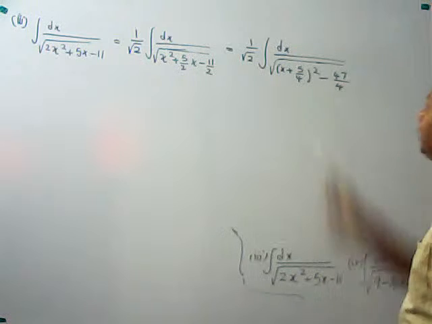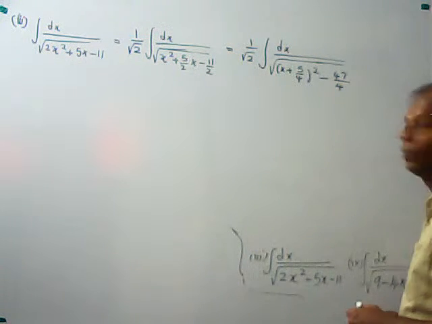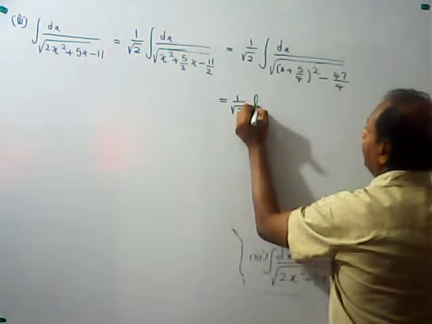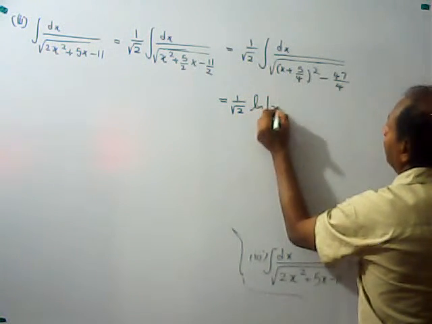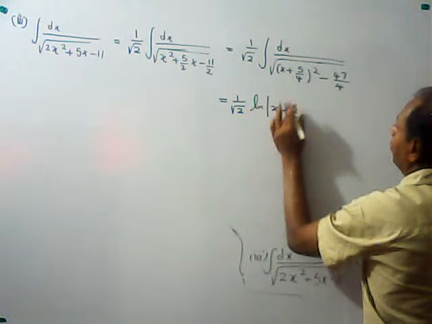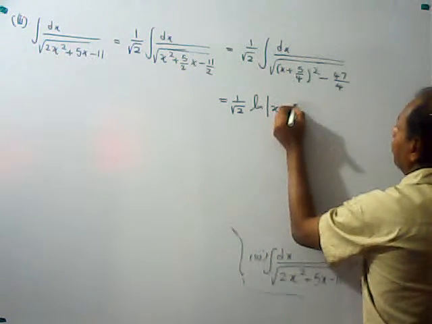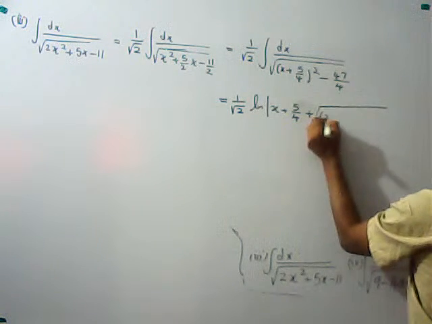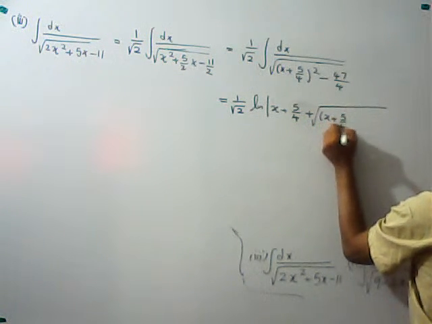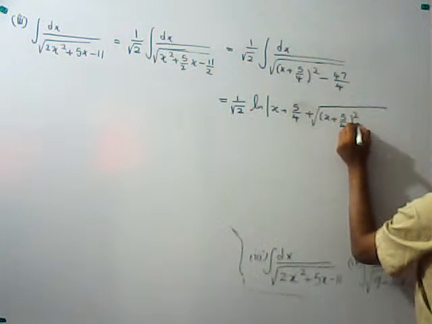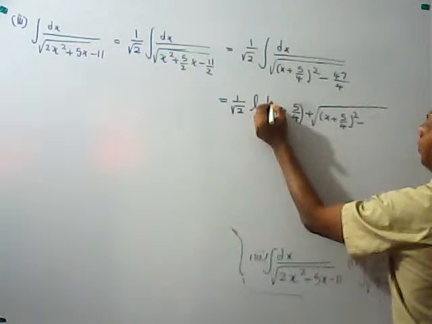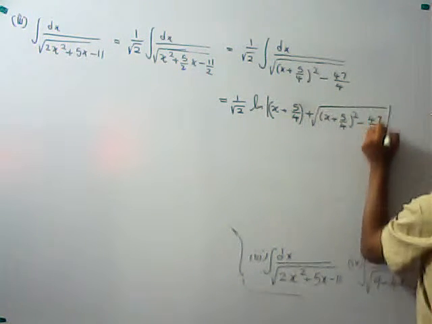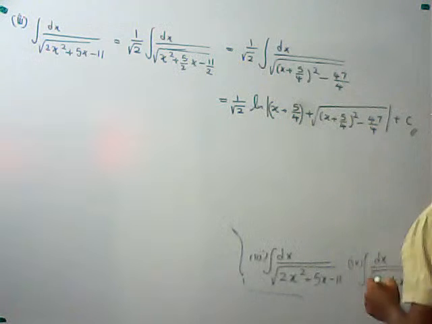So now it's the ln form: 1 over root of 2, ln mod of x plus 5 over 4 plus square root of (x plus 5 over 4) squared minus 47 over 4, plus c.